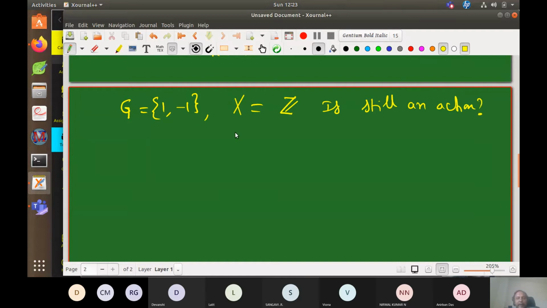You should be careful enough. For example, if I take X equal to natural numbers, is it still an action? It's not a function. You can multiply by -1, then it will go out of N. So it is not a function, not a binary operation.